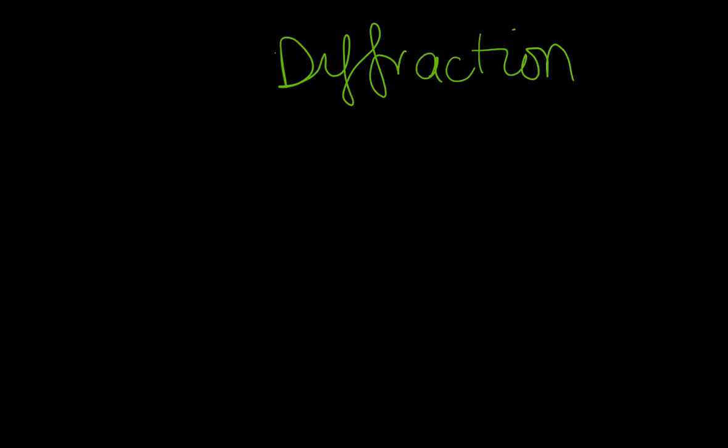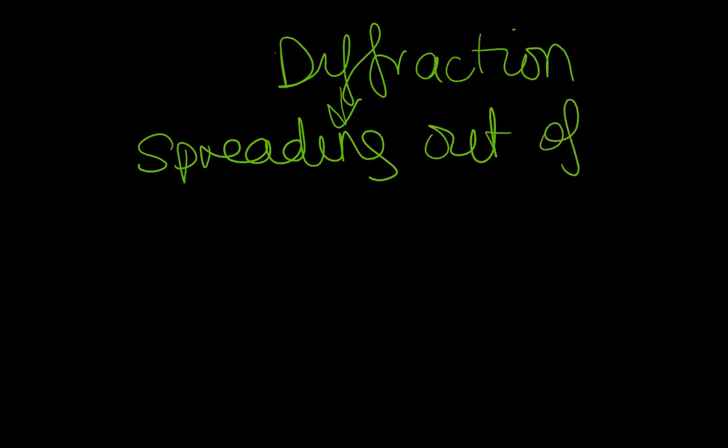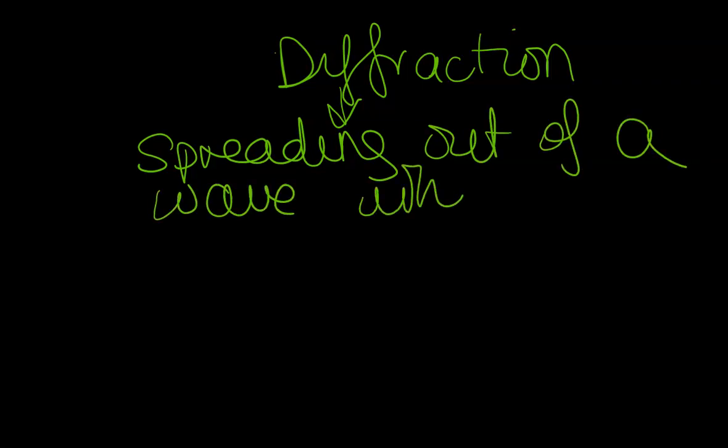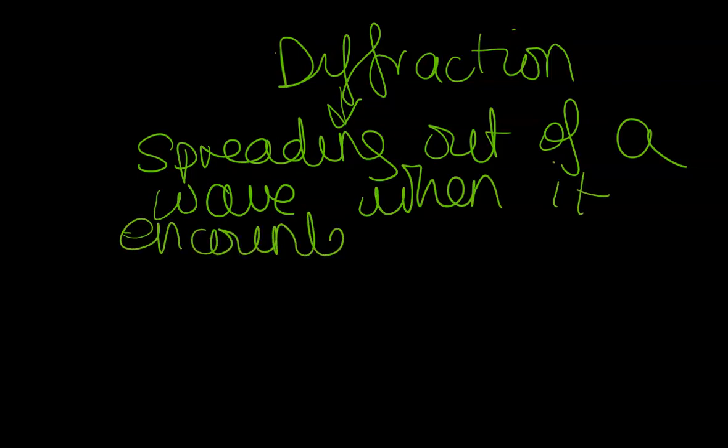Now diffraction is a property where you have the wave being spread out when it passes through a gap or an obstacle. So a basic definition of diffraction is the spreading out of a wave when it encounters a gap, right?